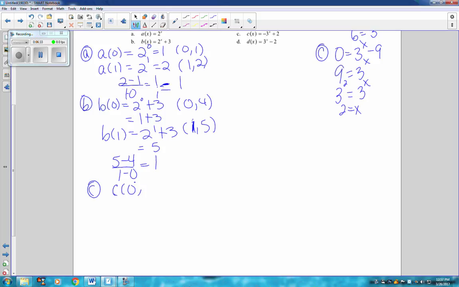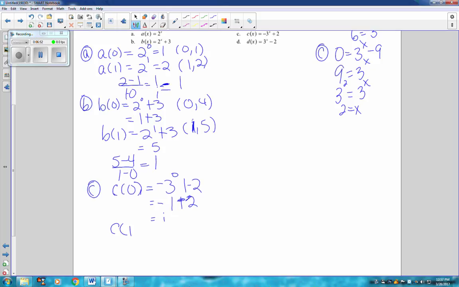Okay, for part C, I need to find c of 0. You see the pattern? I have to find the y-coordinates that match each of these x-coordinates. Negative 3 to the 0. Be careful on this. Only the 3 is being raised to the 0 power, not the negative. 3 to the 0 is 1. The negative stays. And negative 1 plus 2 gives you positive 1.